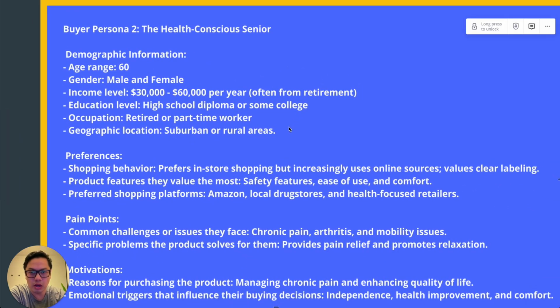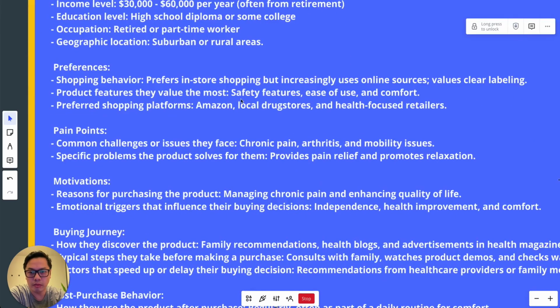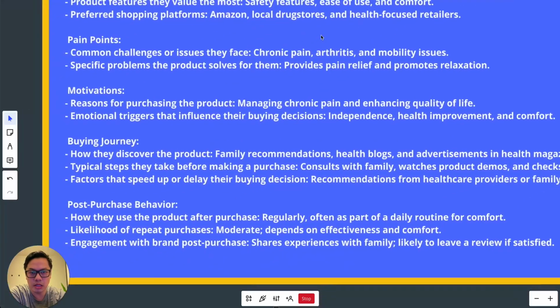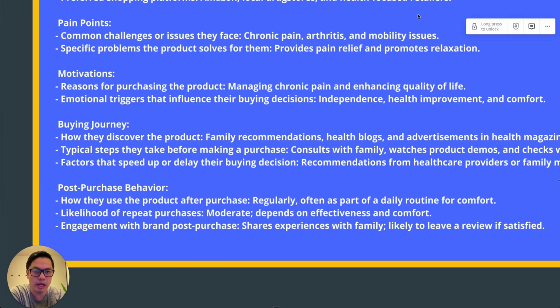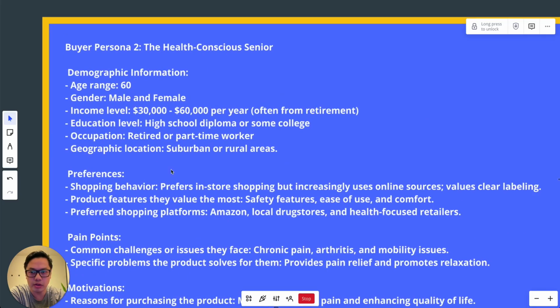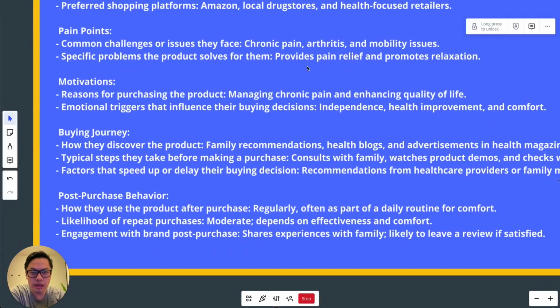We got the health conscious senior. So age range is 60, male and female, often from retirement. Okay. So chronic pain, arthritis, and mobility issues. So this is where that chronic pain part is. If we're talking about chronic pain, we want to make sure that our demographic is an elderly person close to 60s, male or female. They want to provide pain relief and promote relaxation. So pain relief and relaxation stand out to me.